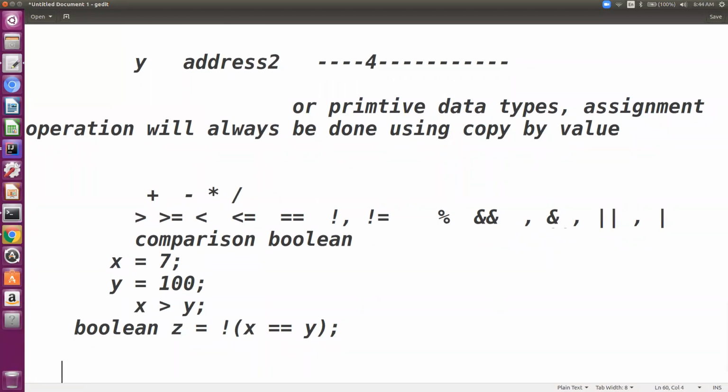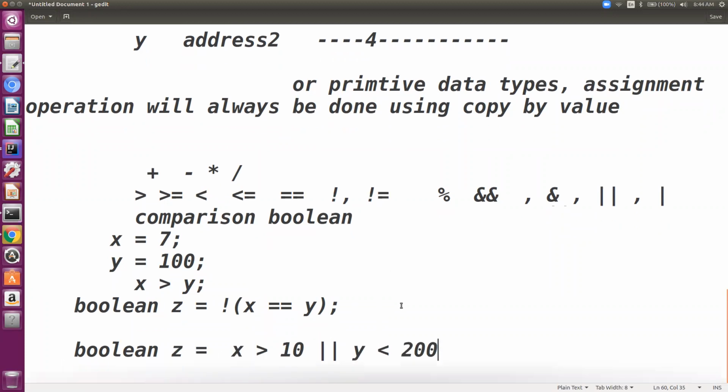For example, Boolean z equal to x greater than 10 or y less than 200. Suppose this is the statement. With the AND operator, as you can imagine, if condition x is true and condition y is true, then the answer is true. In case of OR, if x is true and y is true, then also the answer is true.